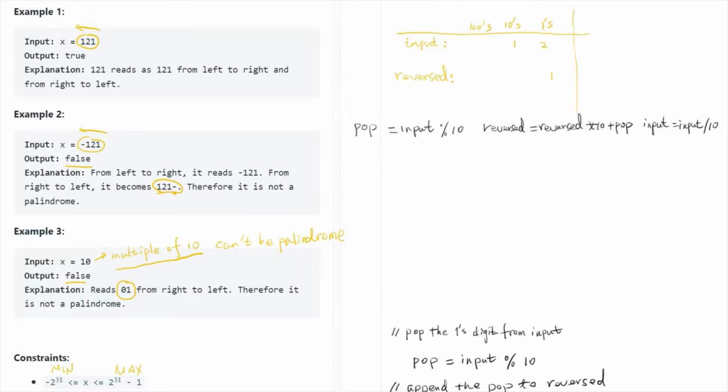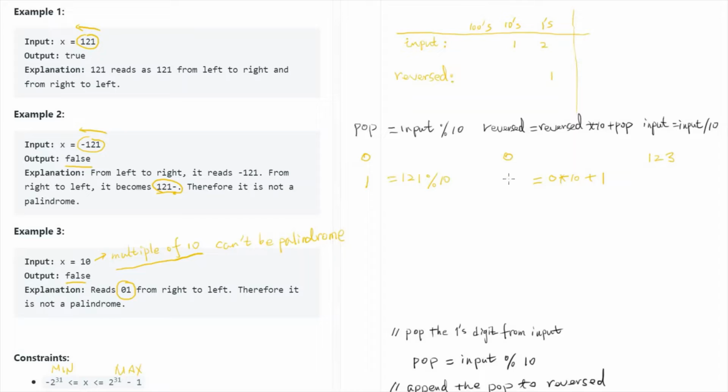The initial value for pop is 0, and the initial value for reversed is 0. The initial value for input is 123. As we did for the first digit here, pop equals input mod 10. It equals 3. And reversed equals reversed times 10 plus pop, which equals 3.